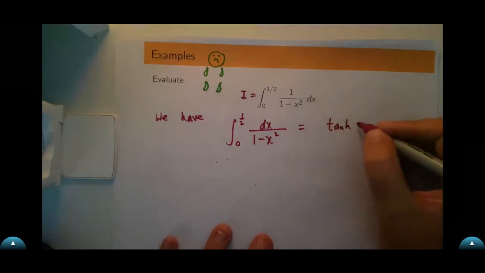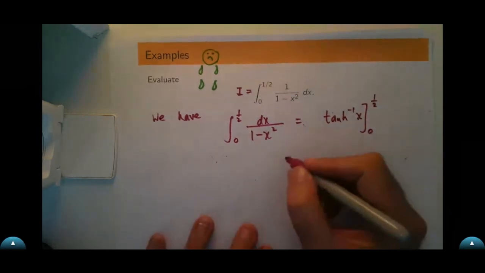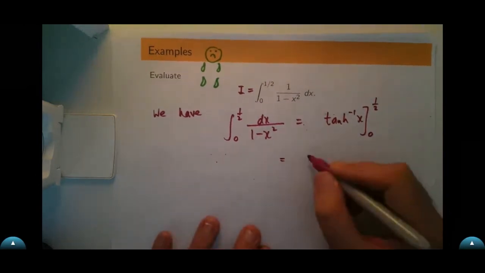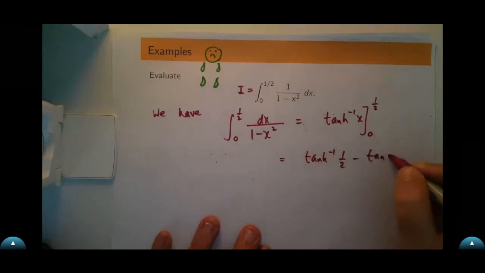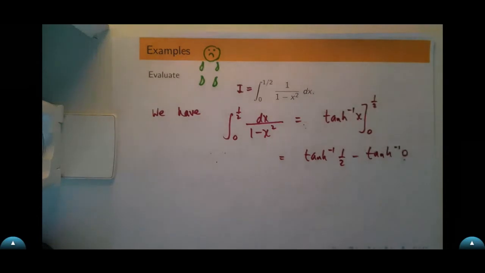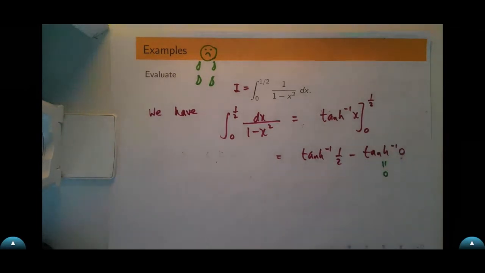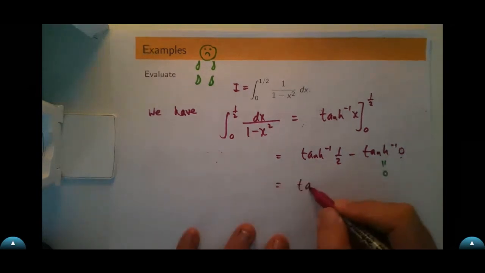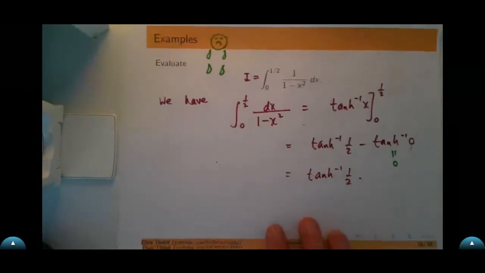So this is it. And by the fundamental theorem of calculus, this is 0, because we know the graph is an odd function and it goes through the origin. So our simplification is just this.